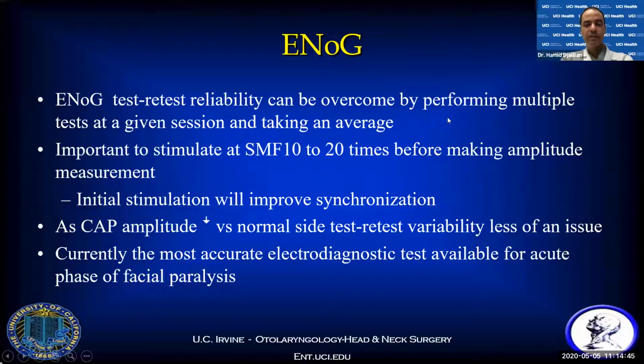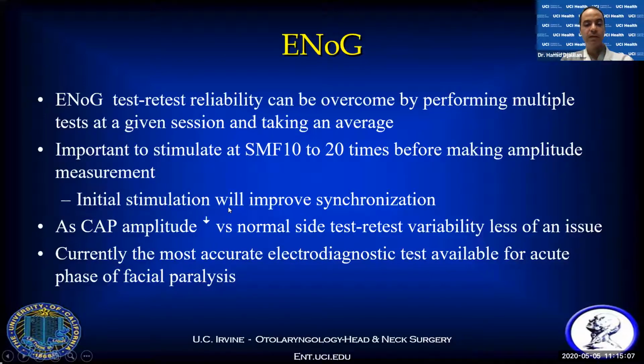And we'll talk about some of the ways that this could be overcome. So basically, the test-retest variability can be overcome by first doing multiple stimulations at the stylomastoid foramen. That primes the nerve so that it starts discharging electrically all together. All the fibers will do it together.